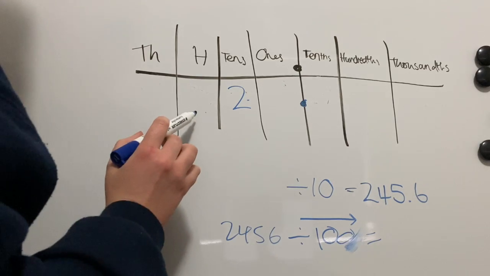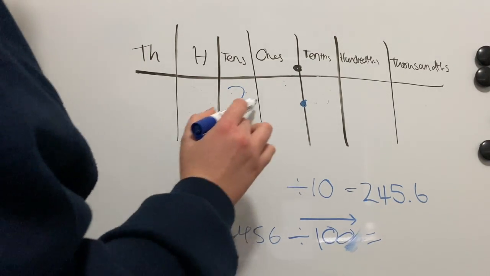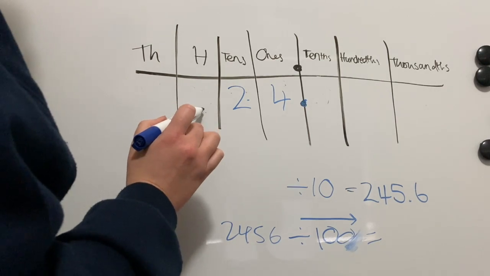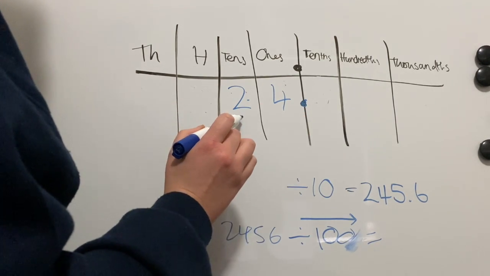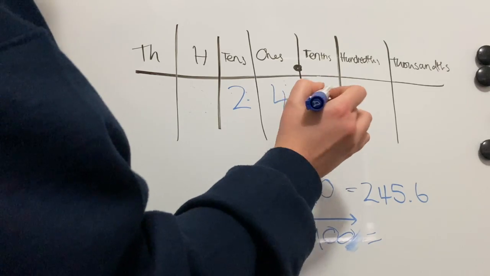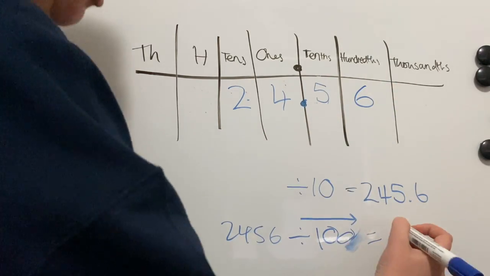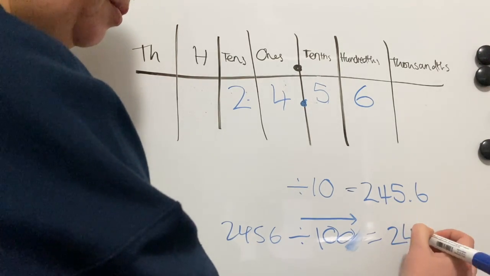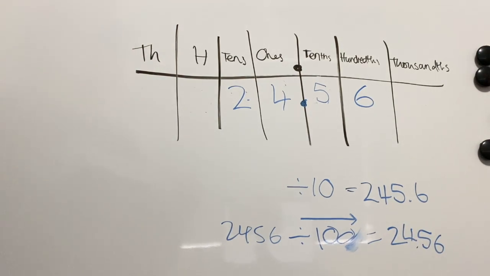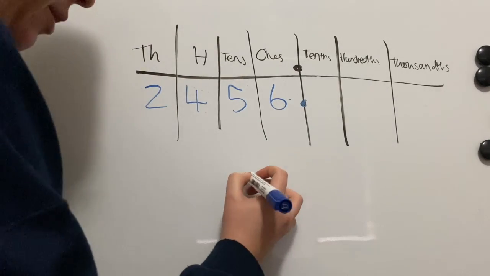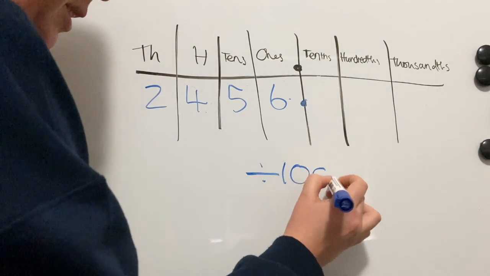The 4 was in the 400s, so it's now 100 times smaller and is 4 ones. The tens was 5 tens, now that's 5 tenths. And the 6 was 6 ones, which is now 6 hundredths. 24.56. And the last one that we're going to do is we're going to divide it by 1,000.